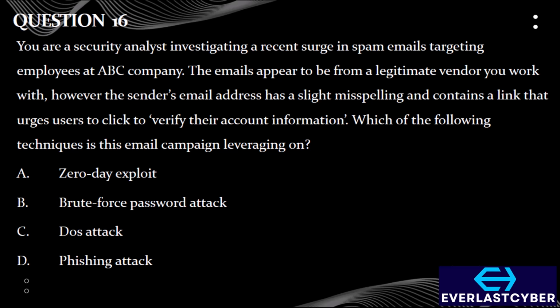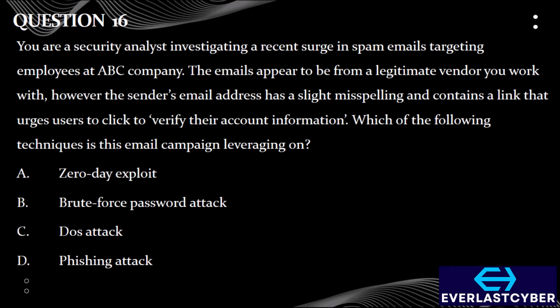Now, going with the pattern of social engineering, the likely answer here would be phishing attack. But before we go deep, let me explain the other types of attack. A zero-day exploit is a vulnerability in the software that is unknown to the software vendor or to the antivirus vendors. So it is not related to this scenario.